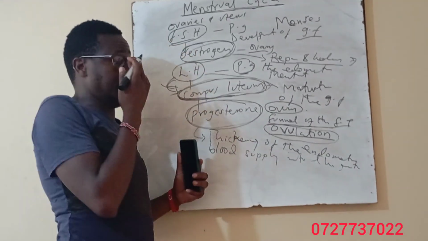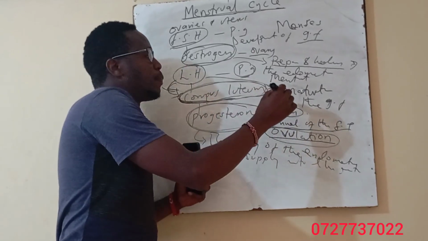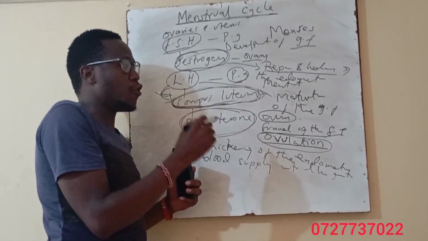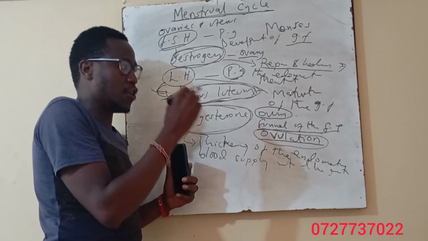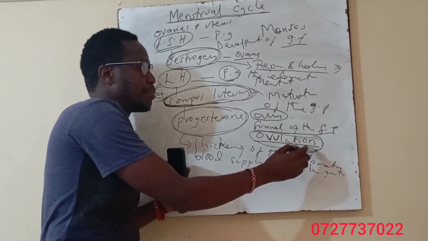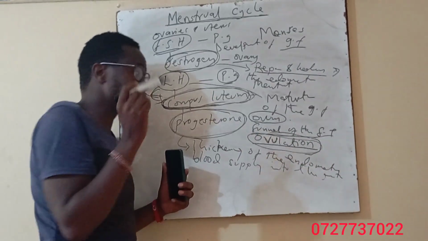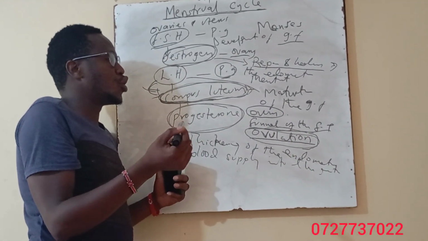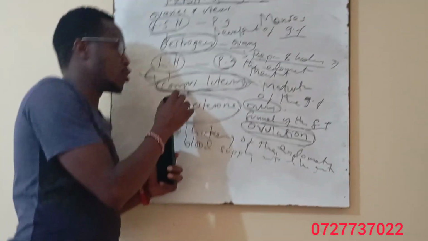We have said that after the mature Graafian follicle has released an ovum in the funnel of the fallopian tube, which is ovulation, that normally happens on day 14, it changes to a yellow body substance known as the corpus luteum.